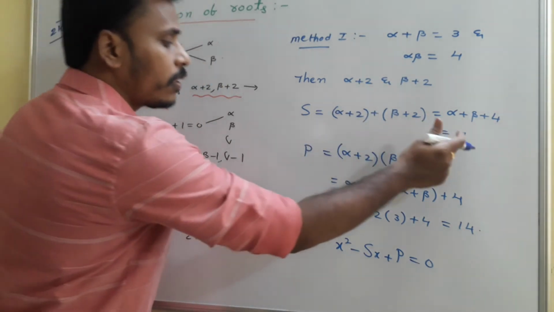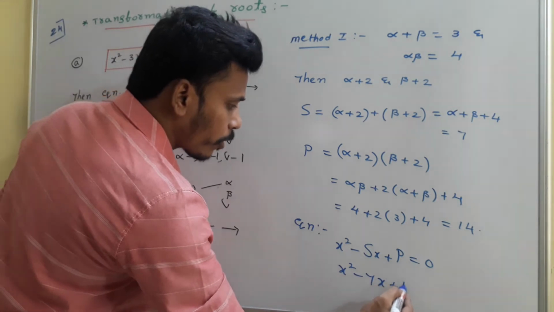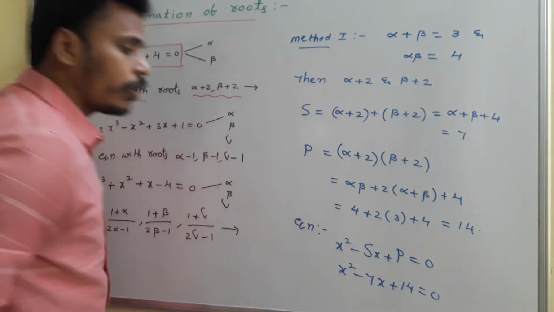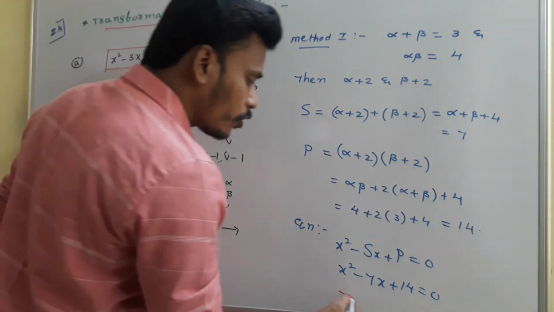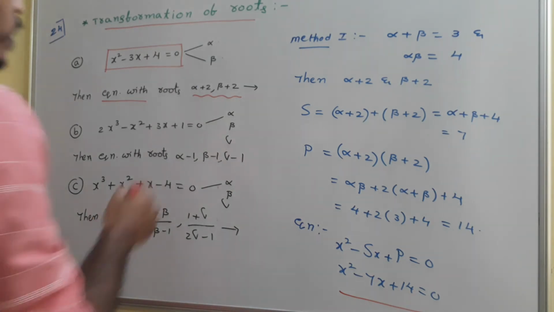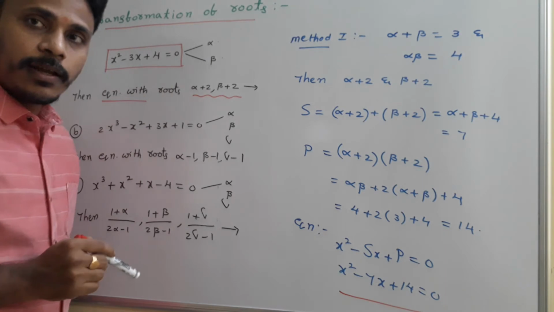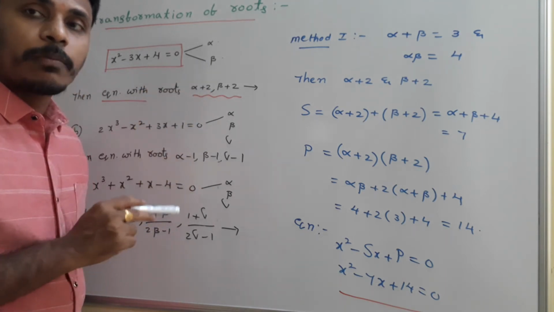What is the sum here? 7. So x square minus 7x plus product 14 equals 0. This x square minus 7x plus 14 equals 0 is the required equation, and this is method 1. The given equation has roots alpha and beta, and we are finding an equation whose roots are alpha plus 2 and beta plus 2.